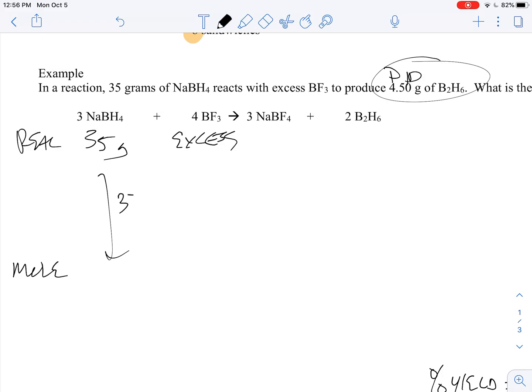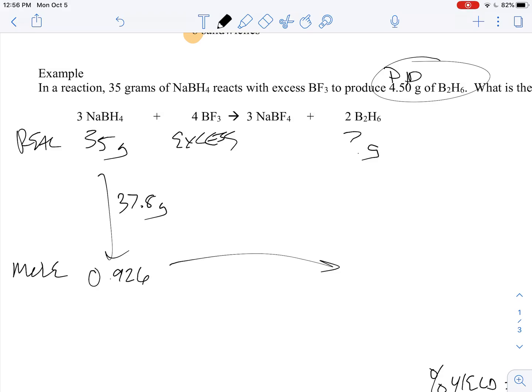So that stuff weighs 37.8 grams. So 35 divided by my 37.8 grams per mole is going to be 0.926 moles that you actually have. Now, what do you want? You want to know grams here that you should have gotten.